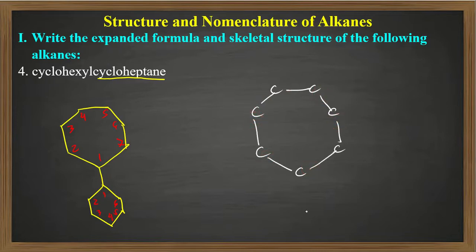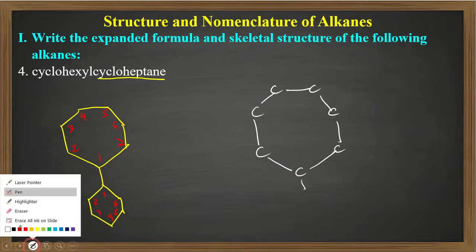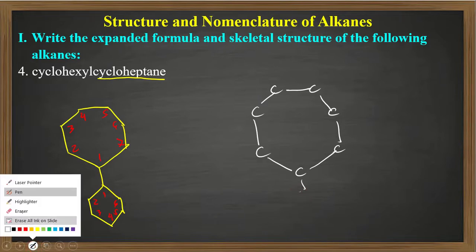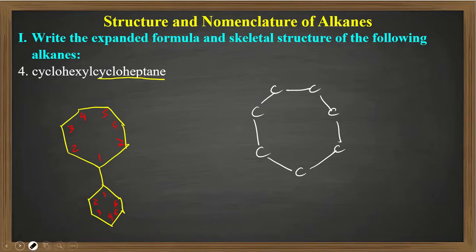Okay. And then we have another bond here. Another cyclohexyl. Yung cyclohexyl natin contains 6 carbon atoms. Alright, so we have here 1, 2, 3, 4, 5, 6. Let's connect them. Alright. Ayan.